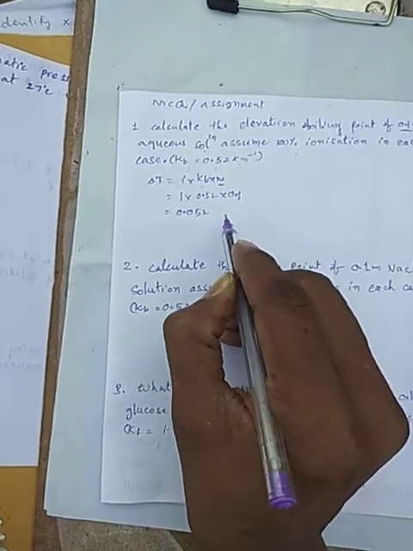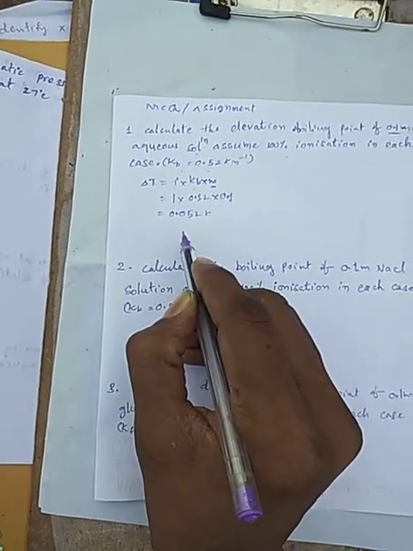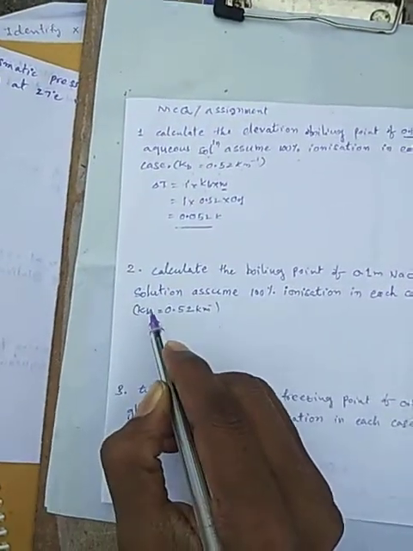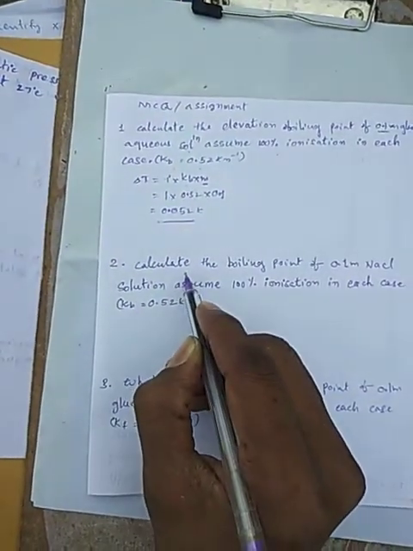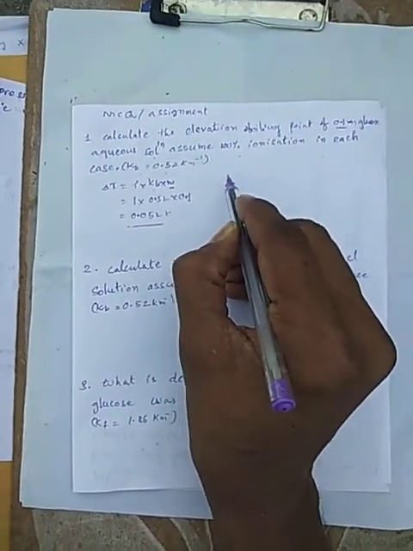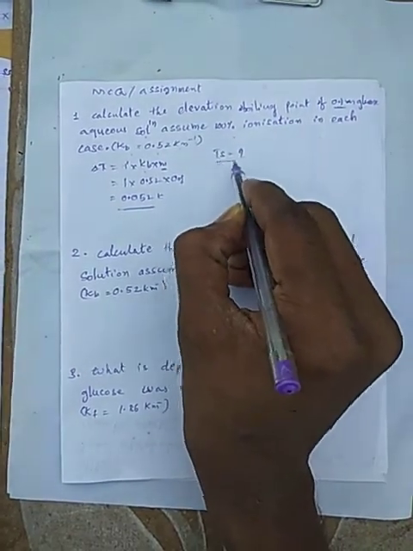Now the question they are asking is elevation boiling point, it is delta Tb. It is our answer. If you want to find the boiling point, that means Ts. If they ask some other questions, Ts.